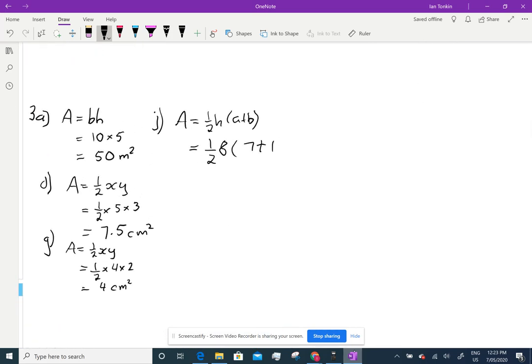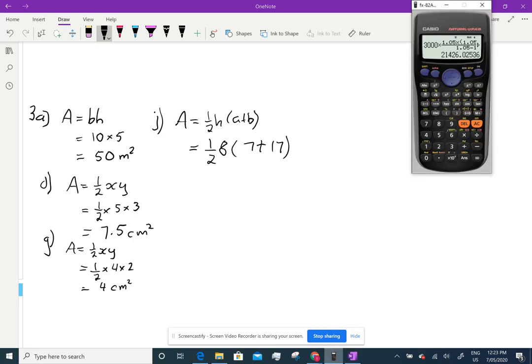7 plus 17. In this case, I'm going to use my calculator because I don't want to make a mistake. So, a half times 8 times bracket 7 plus 17, 96.